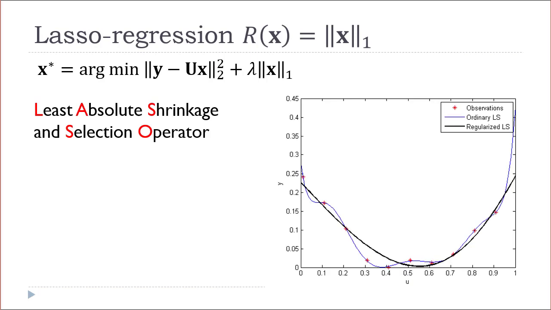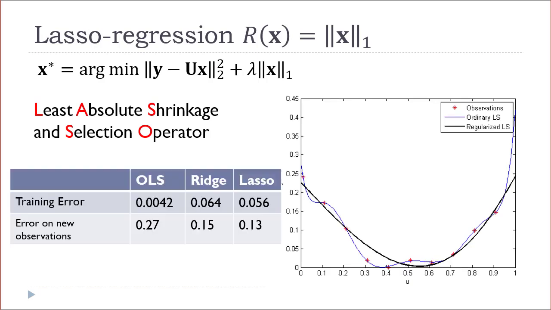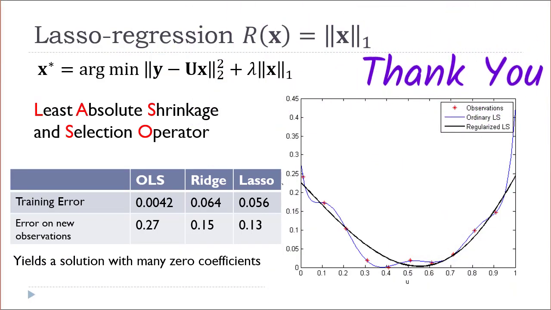Similar to ridge regression, lasso also gives higher training error but lower test error. We can see here that the lasso performs slightly better than the ridge regression, and the reason for that is that it yields an x star whose many entries are 0. So that is all about the regularized least squares and the various examples.